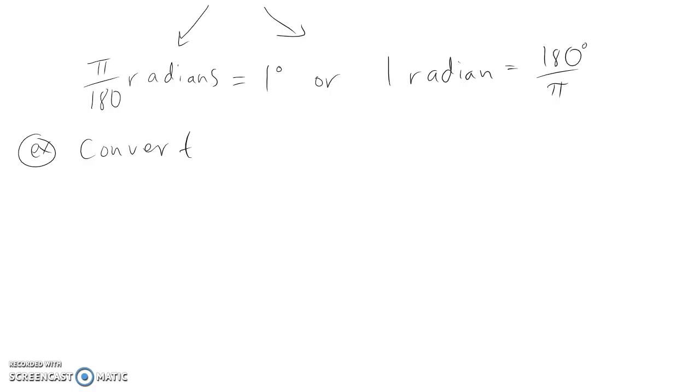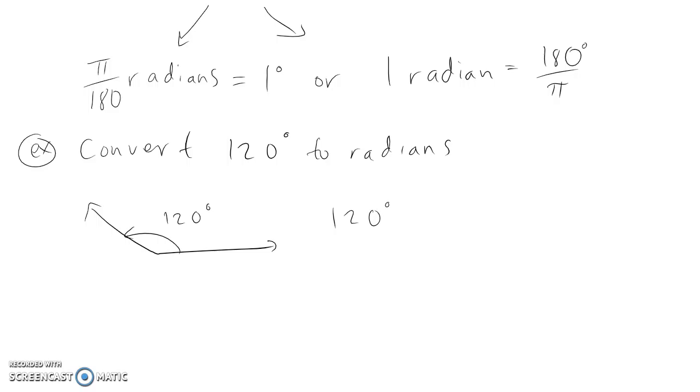I'm just going to do the conversion one way, and you can follow some other examples in the text to convert the other way. So we're going to convert 120 degrees to radians. First of all, a 120 degree angle looks something like this. It's bigger than 90, less than 180.